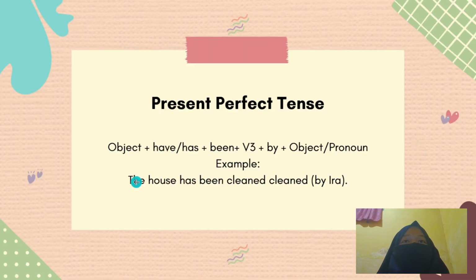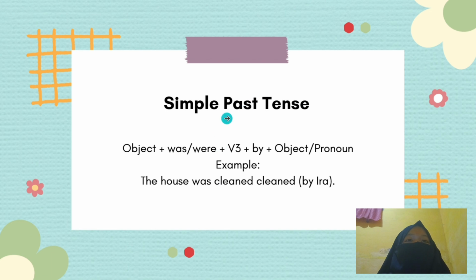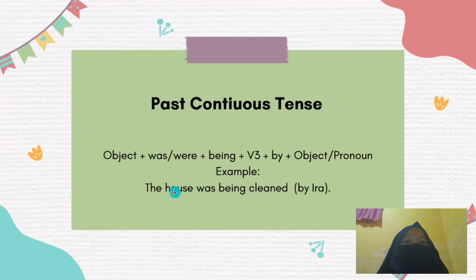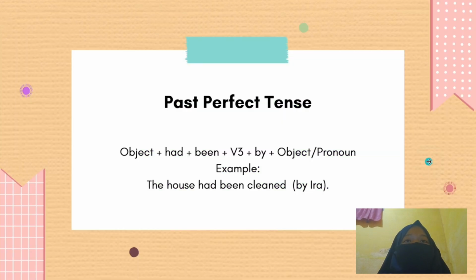Present perfect tense: the house has been cleaned by Ira. Simple past tense: the house was cleaned by Ira. Past continuous: the house was being cleaned by Ira.